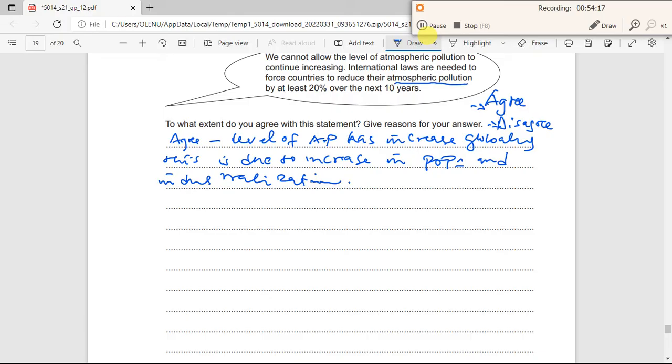So the air pollution is actually toxic to humans, and it is not limited to international boundaries.